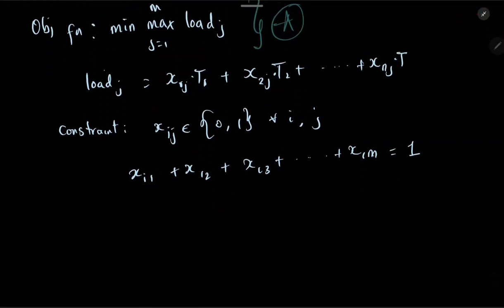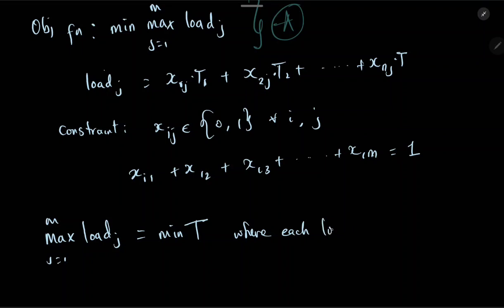What we are trying to express here is that max from j equals 1 to m of load would be the same as min t, where each load is less than or equal to t.